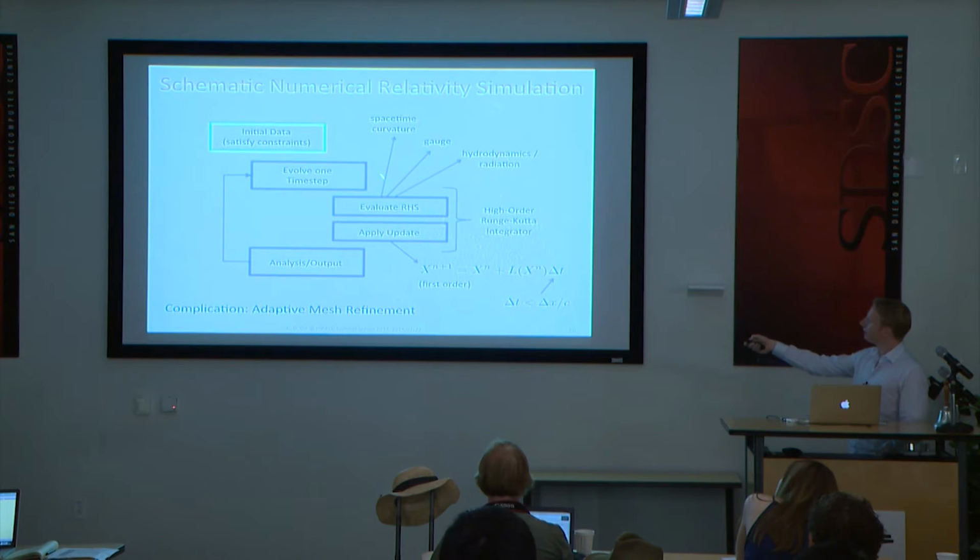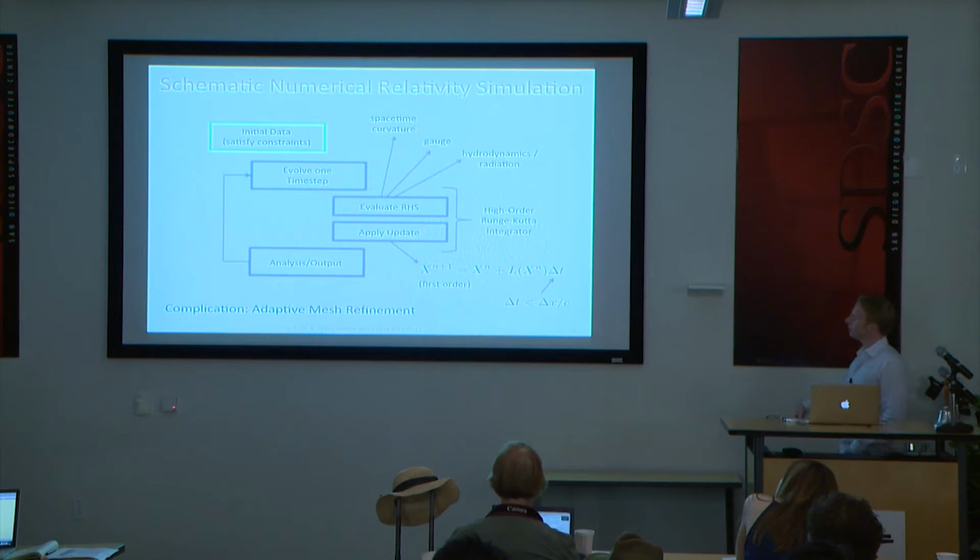So you evolve one time step, and each time step you evaluate the right-hand side of your equations. That means the right-hand side of the curvature equations, the gauge equations, how the gauge evolves, hydrodynamics and radiation, which I haven't talked about yet. And then you apply the update, and you do, at each intermediate step, sort of a first-order forward. This is a very simplified thing.